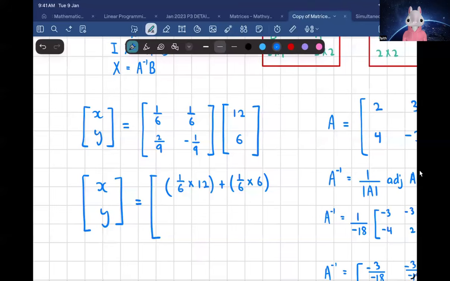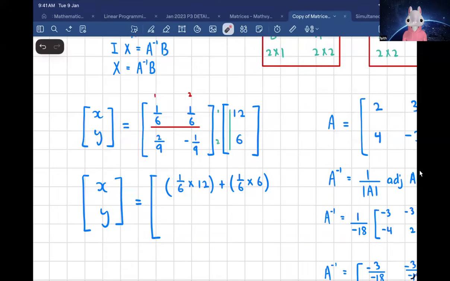So guys, let me just put back on the trinomials real quick. That is the first row. This is the first element, this is the second element. Over here now, this is the first element, and this is the second element. So you multiply them according to correspondence. So 1 over 6 by 12 because it's the first, 1 over 6 by 6 because it's second.